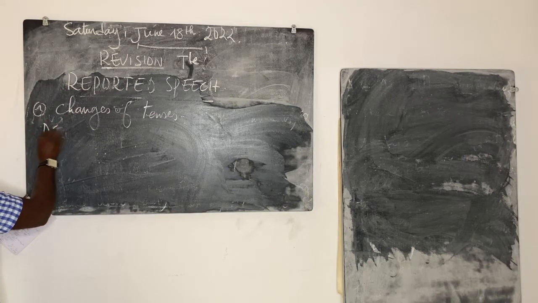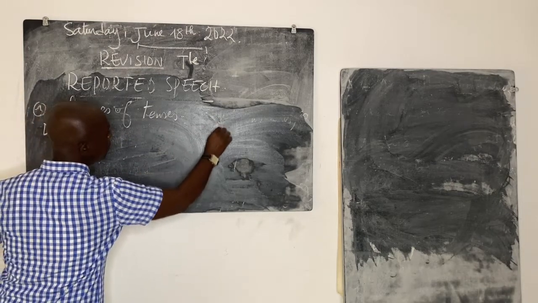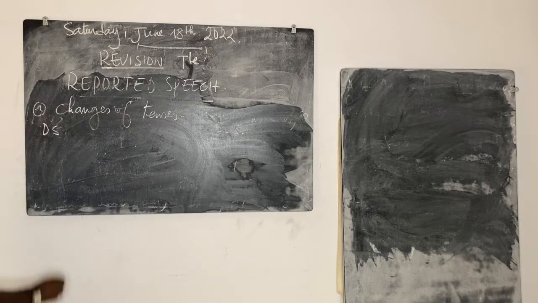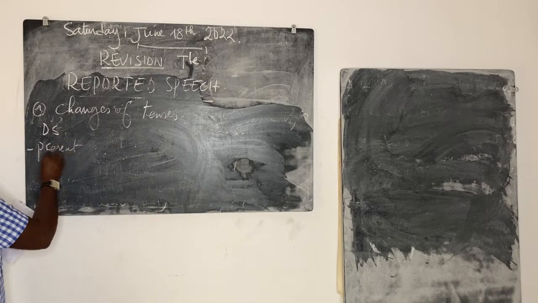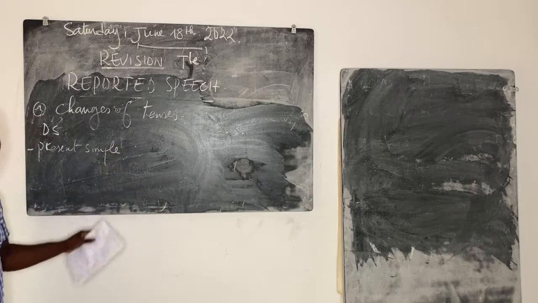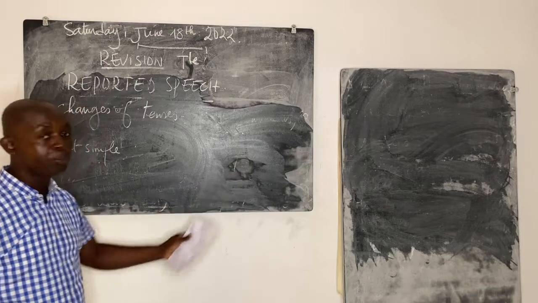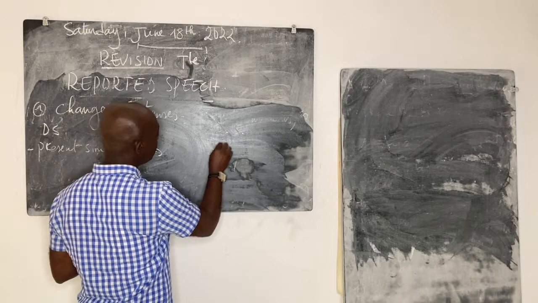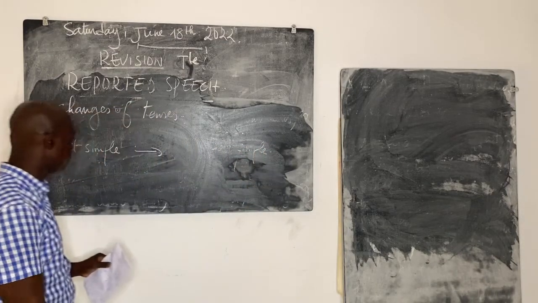So here we have direct speech and reported speech. When we have present simple in direct speech, in reported speech, the present simple is going to become past simple, or preterite.